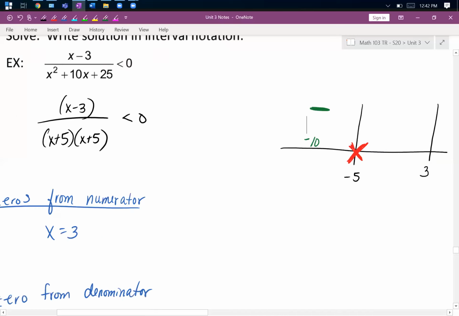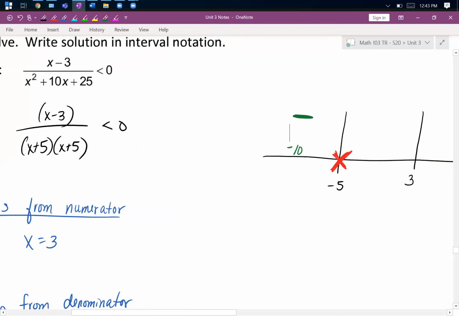Next, we want to plug in a number between -5 and 3. 0 is always my choice when I can. Plugging 0 in, this first factor on the top is going to be negative, and then both of them on the bottom are positive. So I have 1 negative and 2 positives. That's going to leave me with a negative.